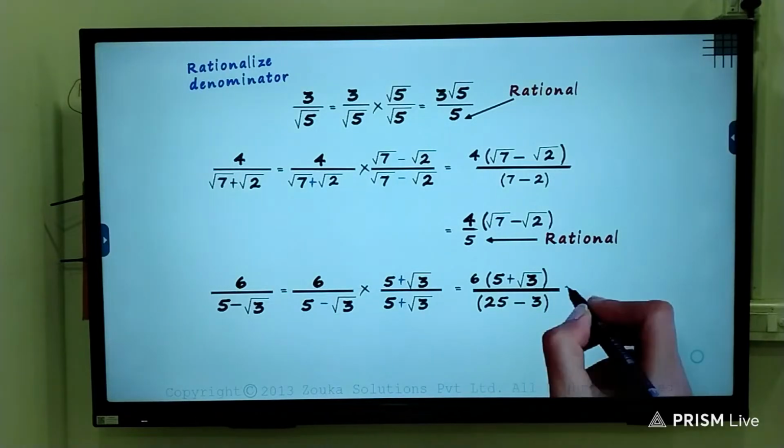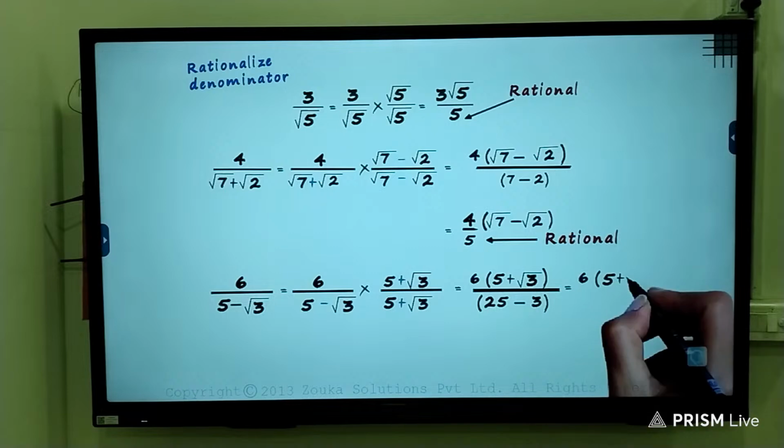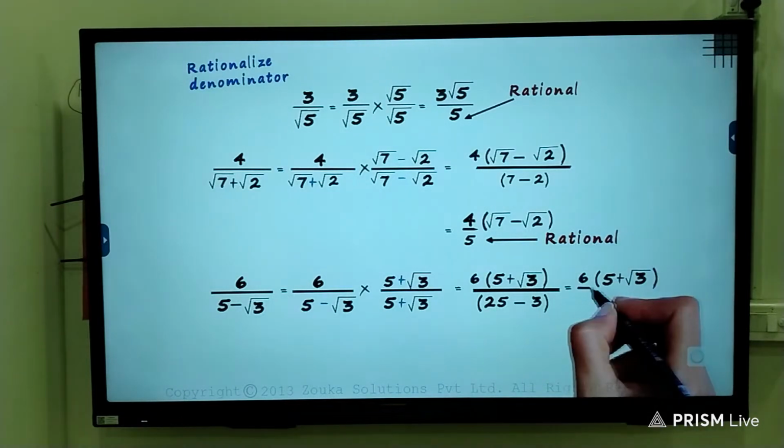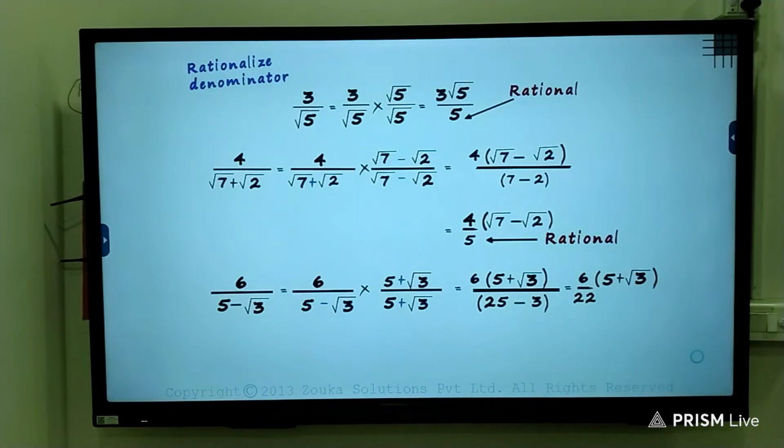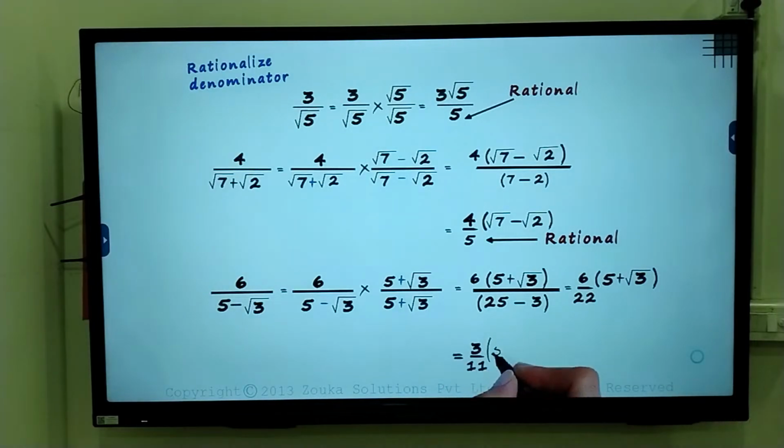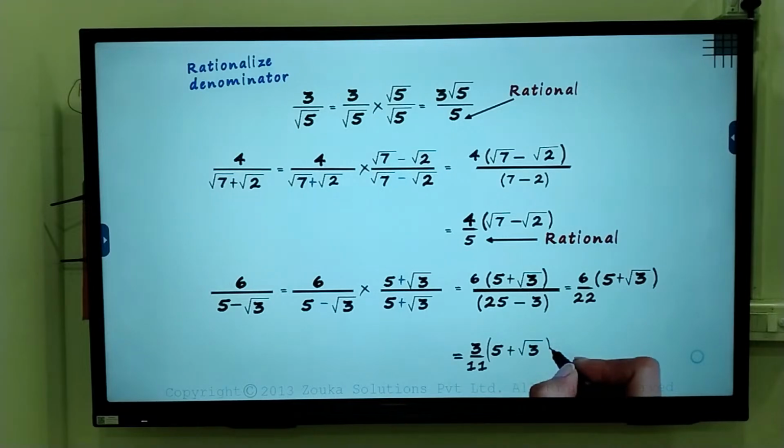And we can write this as 6 multiplied by 5 plus root 3 divided by 22. Simplifying it further, we can write it as 3 by 11 multiplied by 5 plus root 3. Since 11 is a rational number, we can say that we have successfully got the original number in standard form.